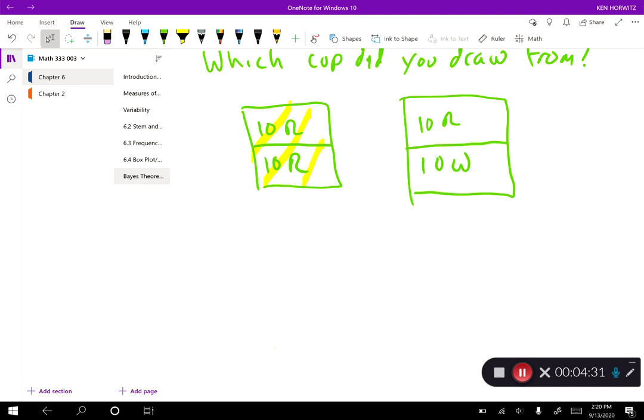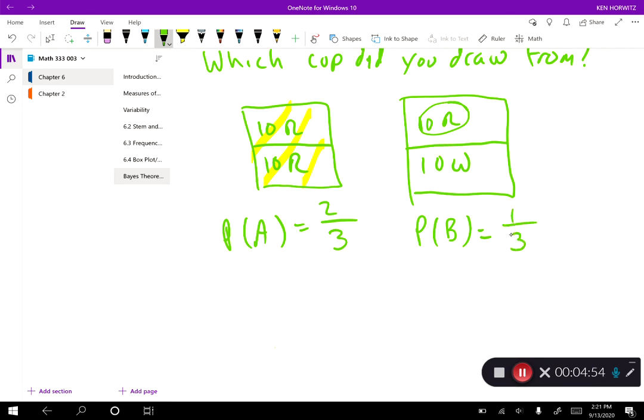So my probability that I chose from cup A is 2 out of a possible 3 where we could have gotten red gumballs. If I wanted the probability that I chose out of cup B, well, then I have 1 area with red out of a possible 3 areas with red. So it is indeed 1/3.